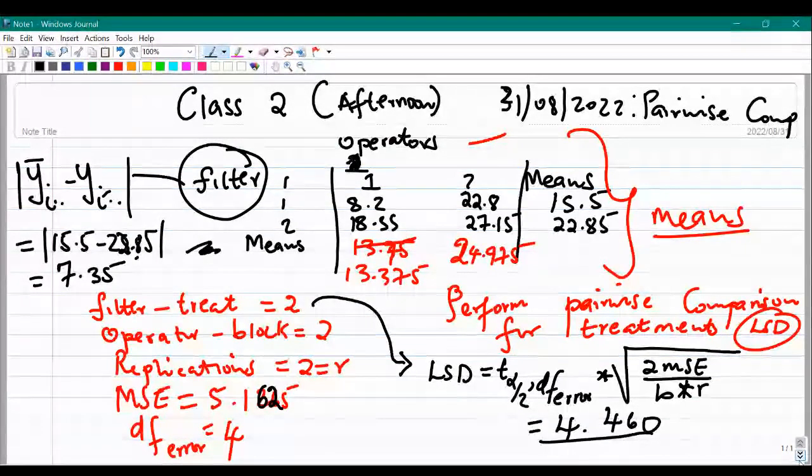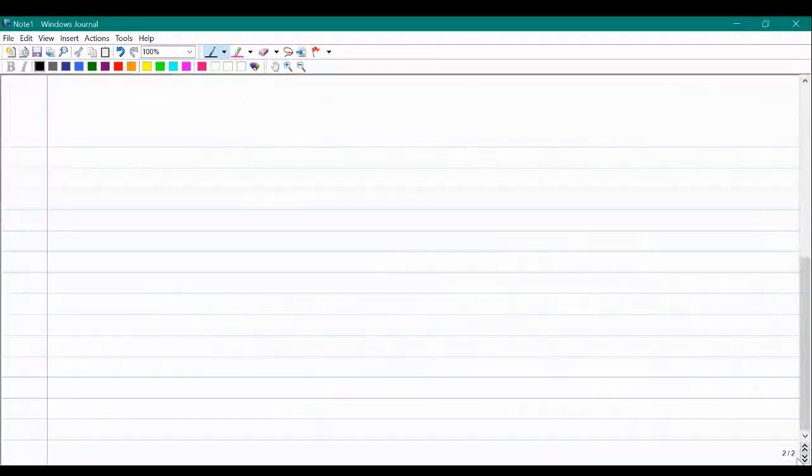It's fine. Just for the explanation purpose, let's check if the means for the block, which is the operators, are significant or not. What will be the formula for the operators?